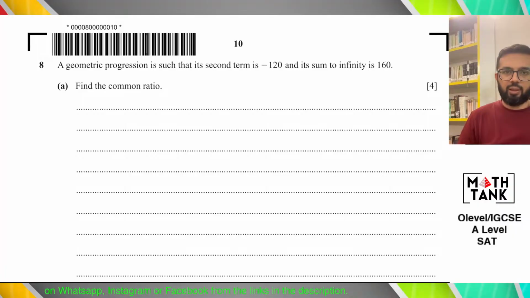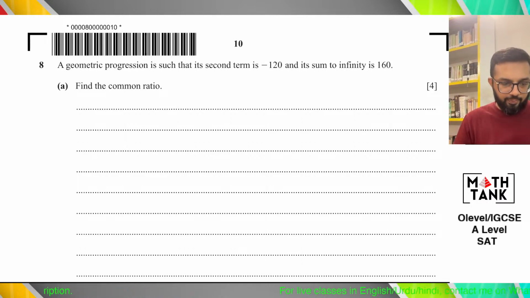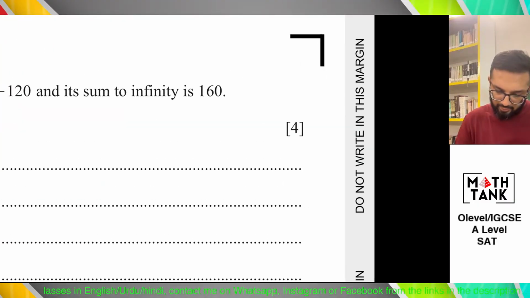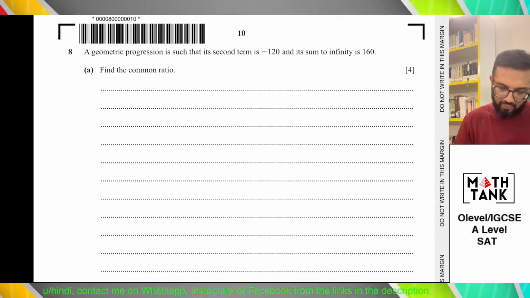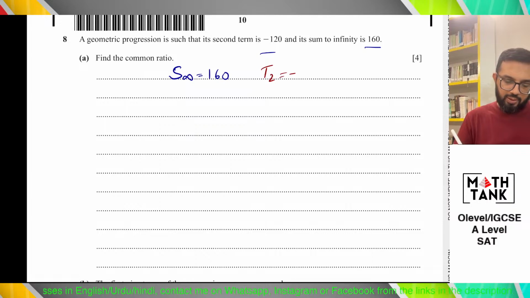Moving on to question number 8. It says a geometric progression is such that the second term is minus 120 and the sum to infinity is 160.